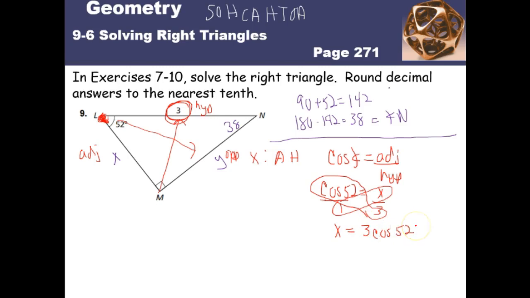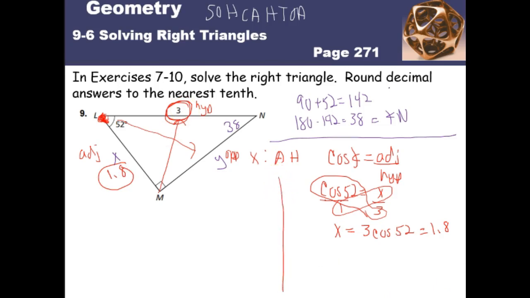And then again, I'm not using the inverse button because I'm finding a side, so I'm just going to use the regular one. And I multiply 3 times the cosine of 52 out, and I get 1.8. So this is 1.8, and that's definitely less than 3, so that's looking like it's a promising answer.